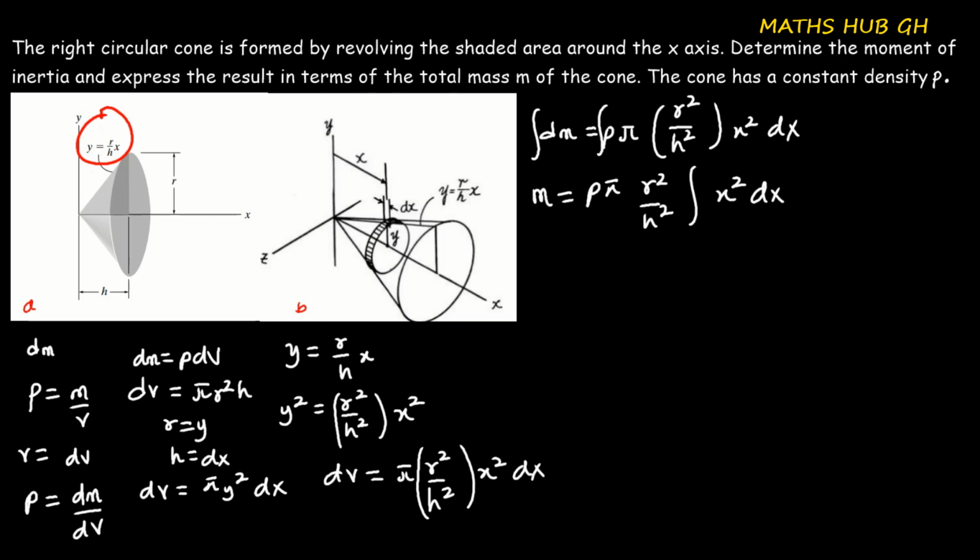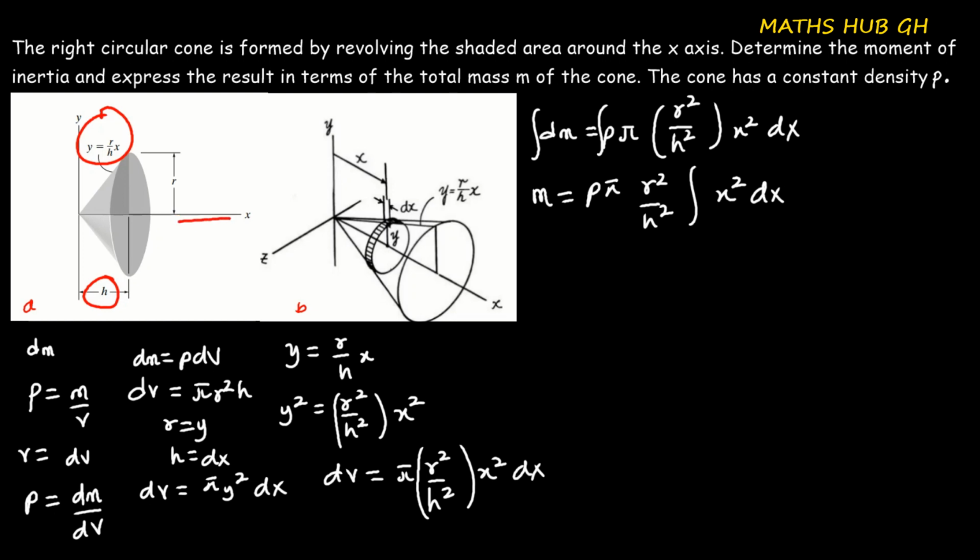But before you can do this, we will need some boundary values so that we can change this indefinite integral to a definite integral. And we are integrating this expression with respect to what? X. So we'll have to go back to the figure that was given to us. When you look at this figure, you see that the height of the cone is given to be h, and that is in the x-axis direction.